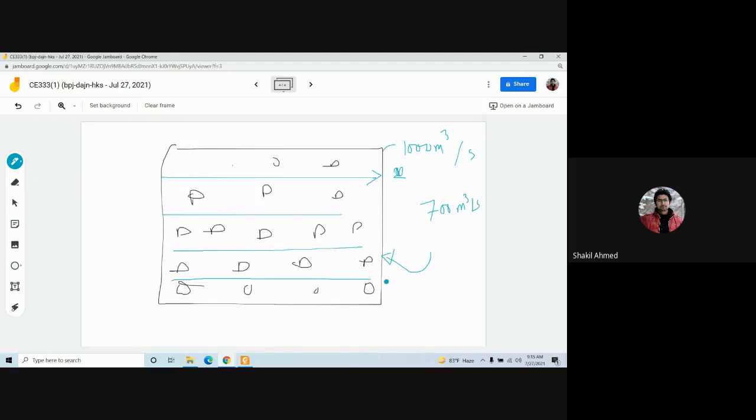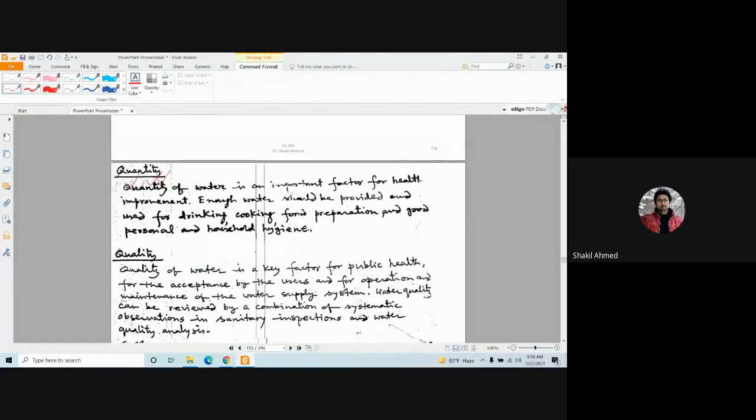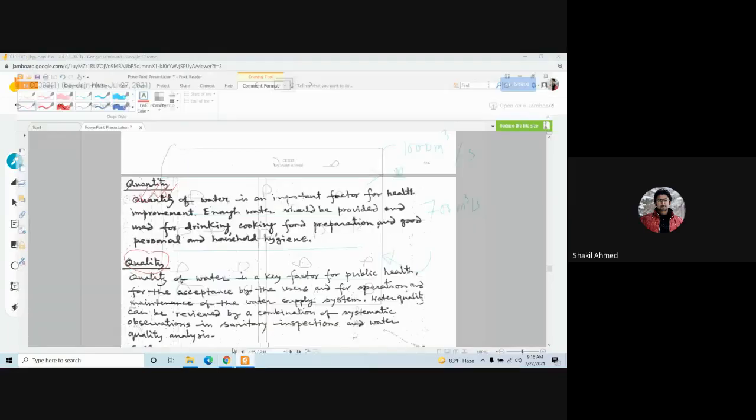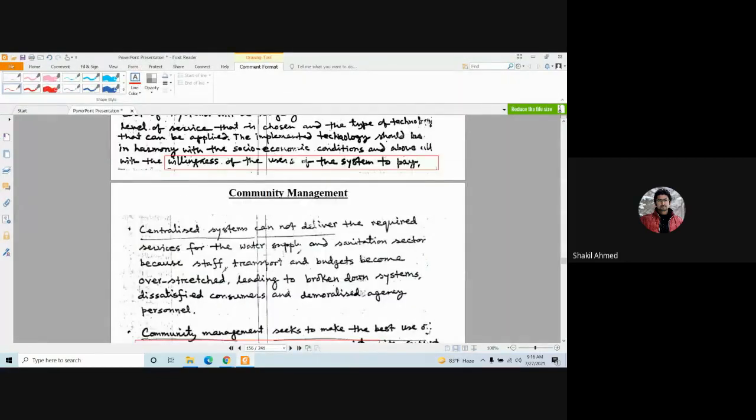In that case, they may not be using this sanitation or water supply service. So quantity is important. Then quality, very important. If the water that is supplied to the community has turbidity, color, or odor, would the people be willing to use it? No. So quality has to be ensured. Clear? Yes, sir.